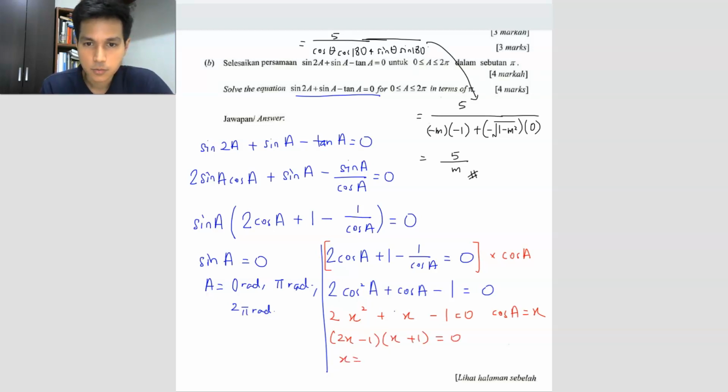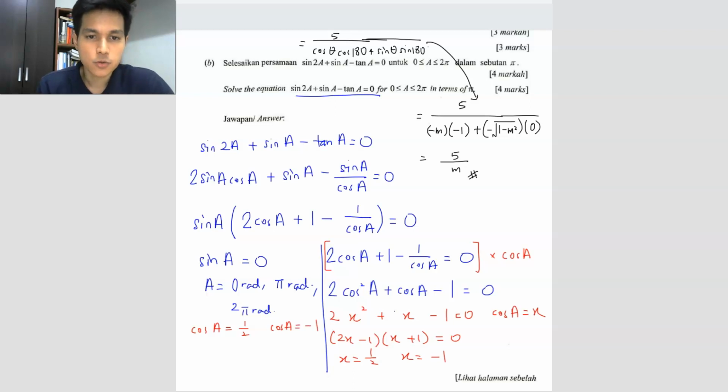So x equals 1 over 2, and x equals negative 1. So you have a few answers here. The first answer, you have to substitute back the cos A. I got no space, so let me write here. So cos A equals 1 over 2. The second one is cos A equals negative 1.